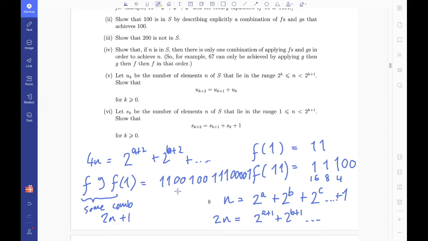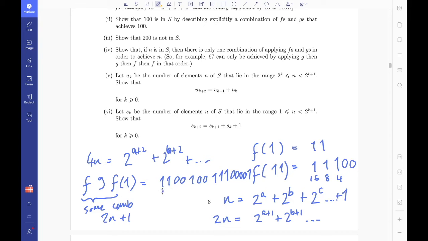And so if you apply G or F at any point, you set what that number is going to be in that order.